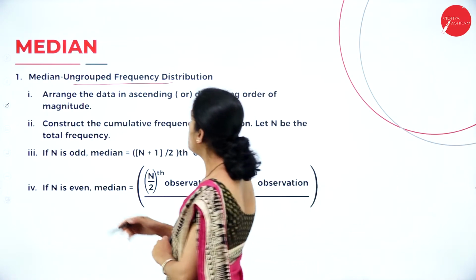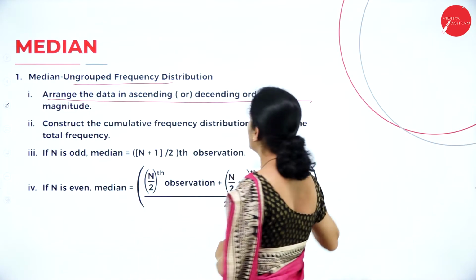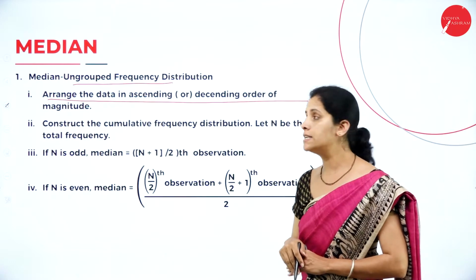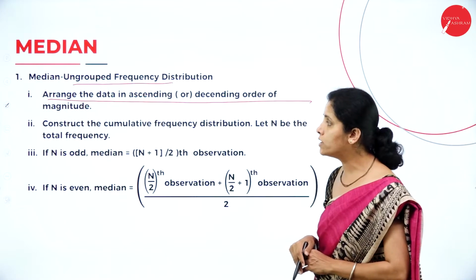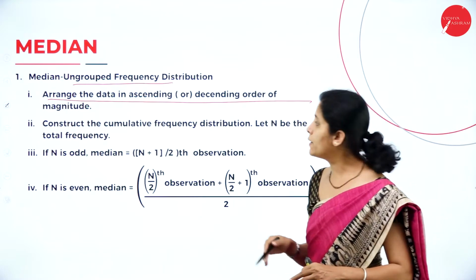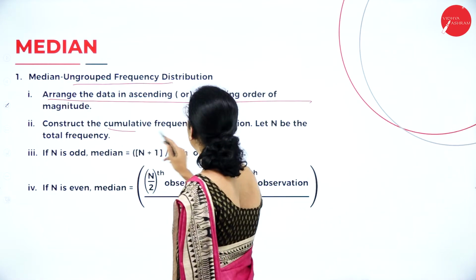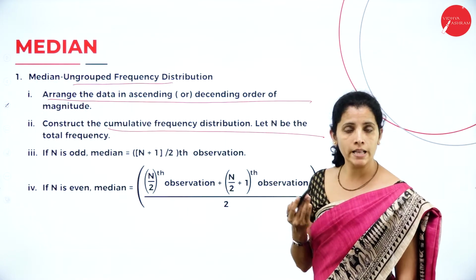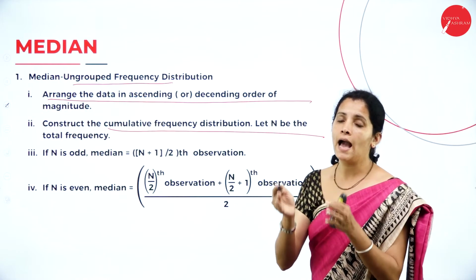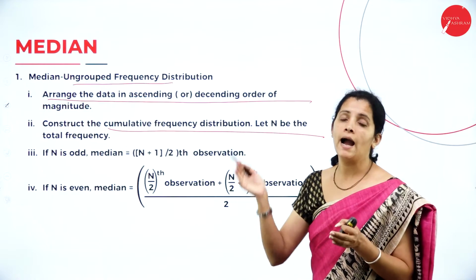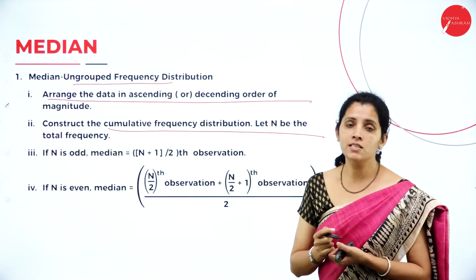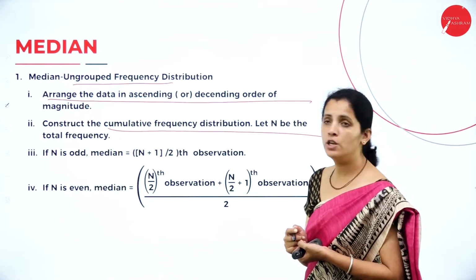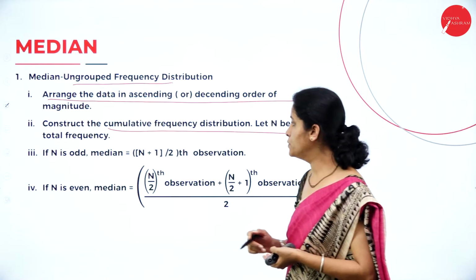So first I want to arrange the data in ascending or descending order, and then construct the cumulative frequency. So here all the data are ungrouped, and I have a frequency distribution. And by using the frequency distribution, I want to find the cumulative frequency distribution.